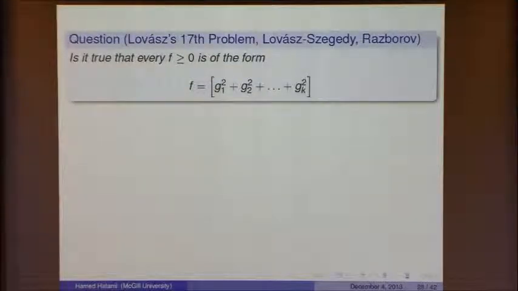And this question, due to Lovász and Szegedy, and in a slightly different form to Razborov, asks whether any valid inequality, in other words any positive quantum graph, can be expressed as a sum of squares of a finite number of quantum graphs.